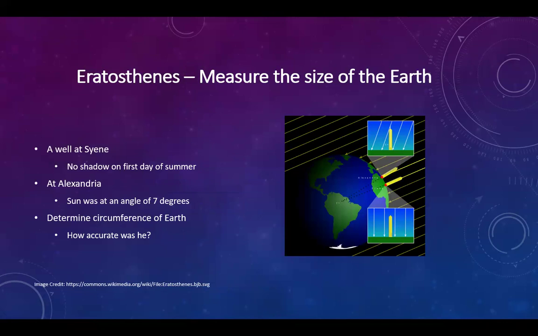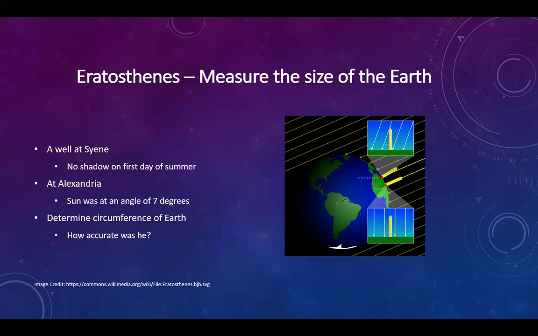Eratosthenes was able to measure the circumference, the size of the Earth, by studying the shadows at various places. He knew that there was a well in a city called Cyrene, which was south, and it had no shadow on the first day of summer.